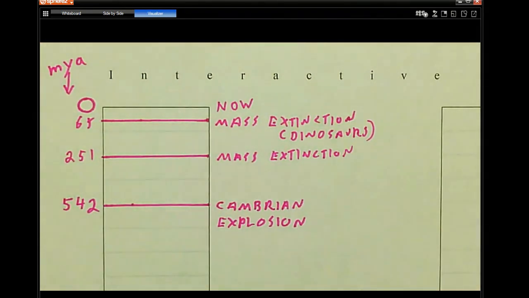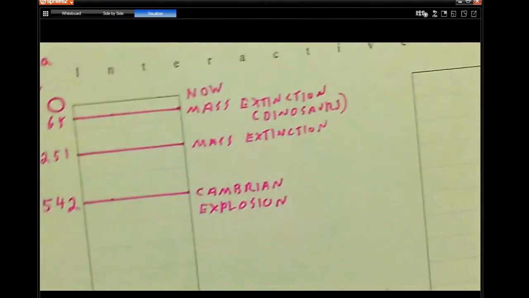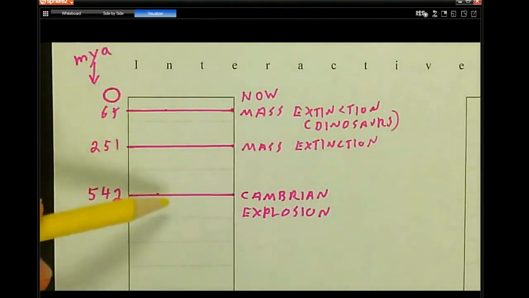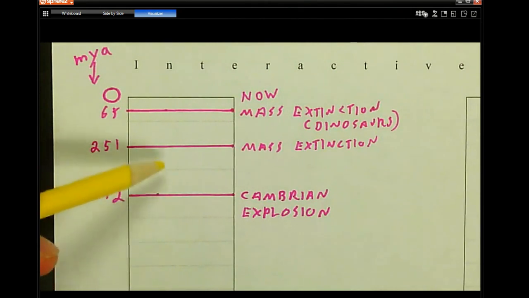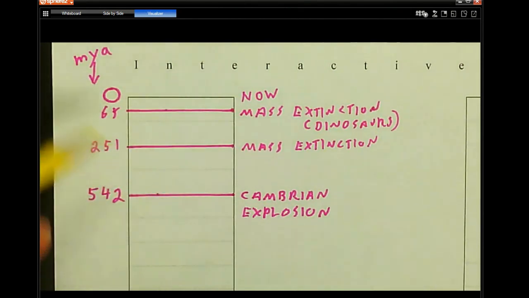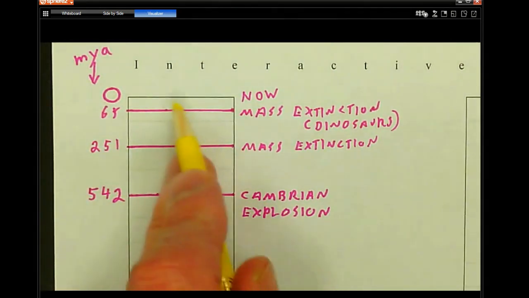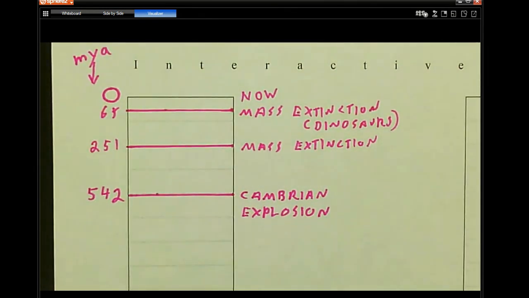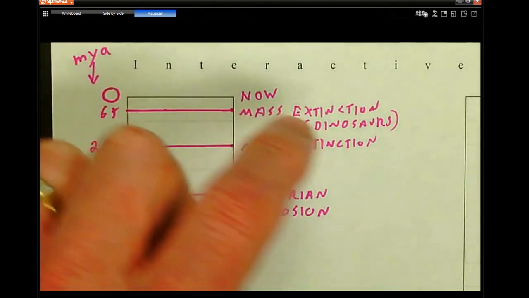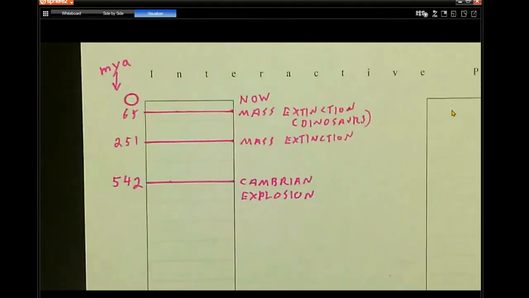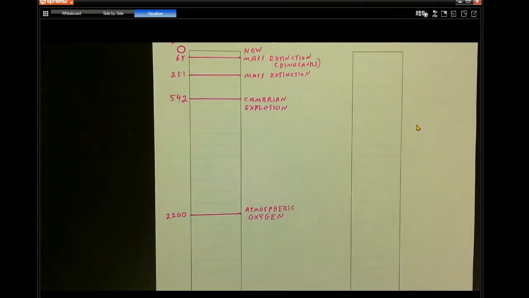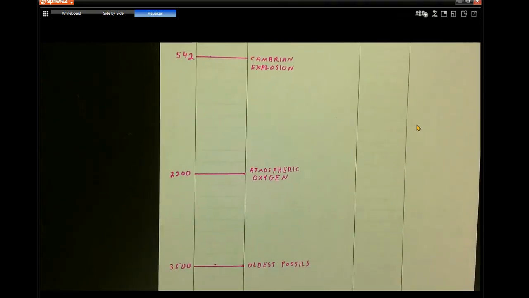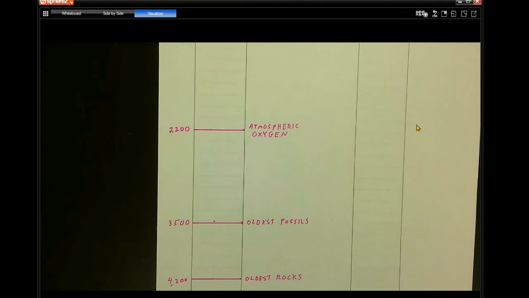There's a lot of events that happened during this time where life became more complicated. It's difficult to draw all of them in this small little space. So as geologists creating timelines, what we can do is we could take this small space and make it bigger. We're going to refer to everything that happened before the Cambrian explosion as the pre-Cambrian.